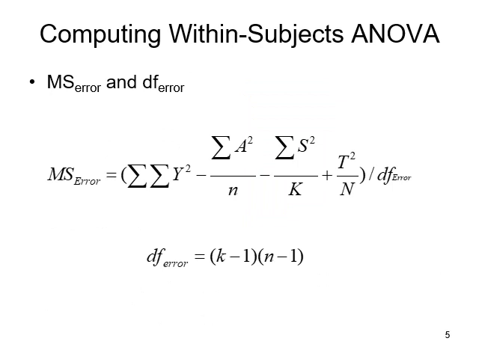So let's take a look at the total of this equation. We have that effect size and that change difference, but at the bottom of the equation, we also need to add in error. So this is the equation for the bottom of the equation. We have Y squared minus the sum of A squared divided by n, minus the sums of squares divided by k, plus that change difference, divided by the degrees of freedom error.